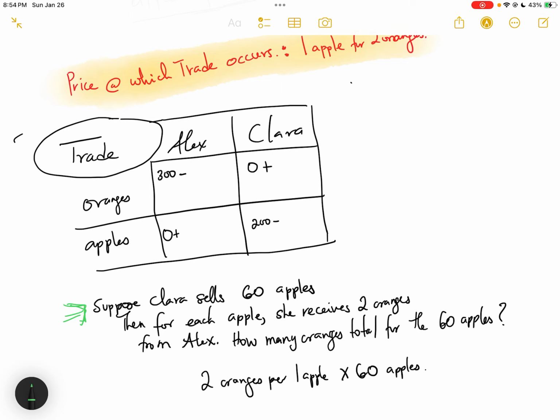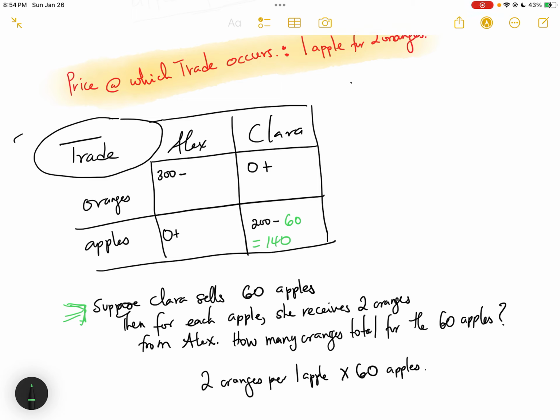Suppose that Clara will sell 60 of her apples, right? So Clara is specializing in apples, producing 200, and she sells 60 apples to Alex. So 200 minus 60, she's left with 140 apples. All right, great.